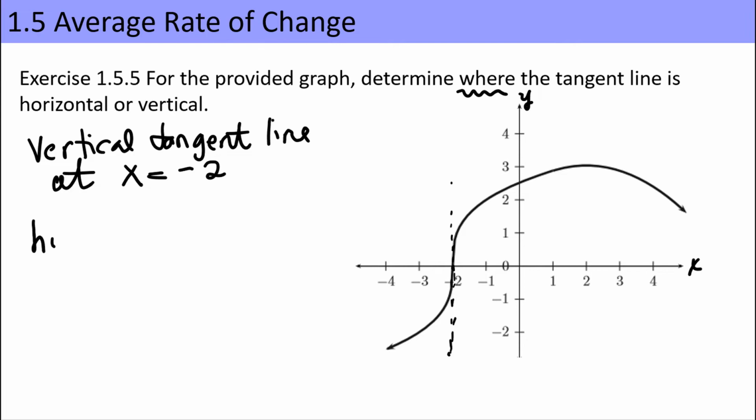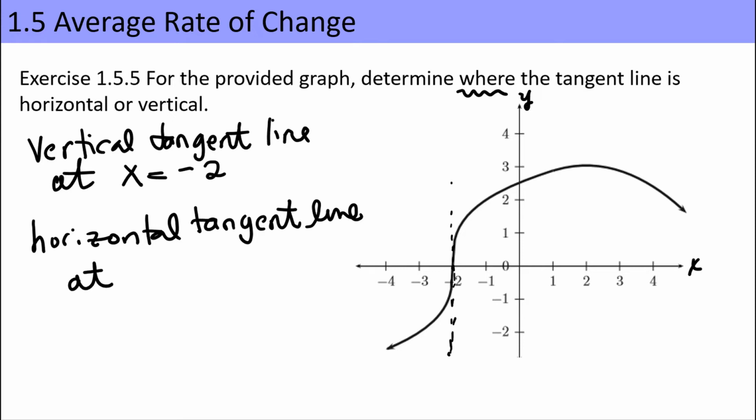Now we need to find where a horizontal tangent line occurs. So we'll say tangent line at, and we need to determine, just following along the shape of the graph, it appears that we get a tangent line that is horizontal to the graph when x equals 2.